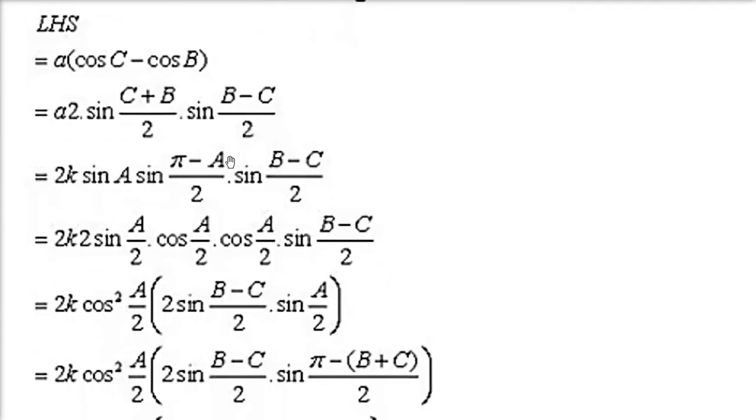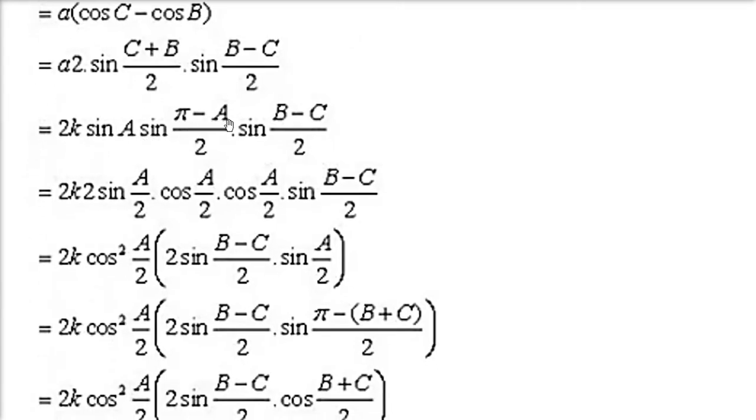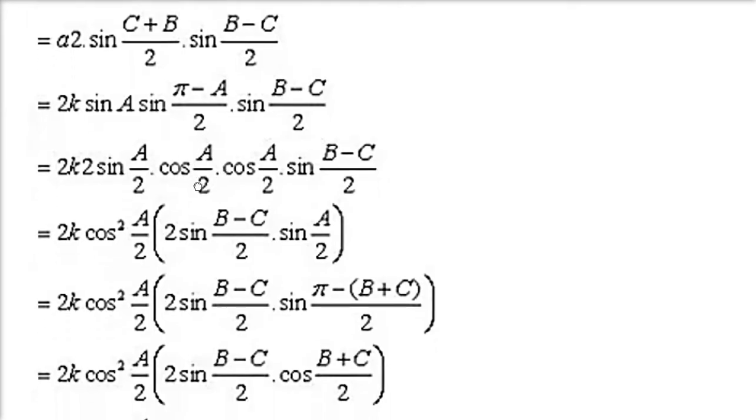Now B plus C or C plus B, we can write as pi minus A, because A plus B plus C is pi. So this is sin pi minus A by 2, that is sin pi by 2 minus A by 2, that is sin 90 minus theta, which is cos theta. So you have cos A by 2 here.